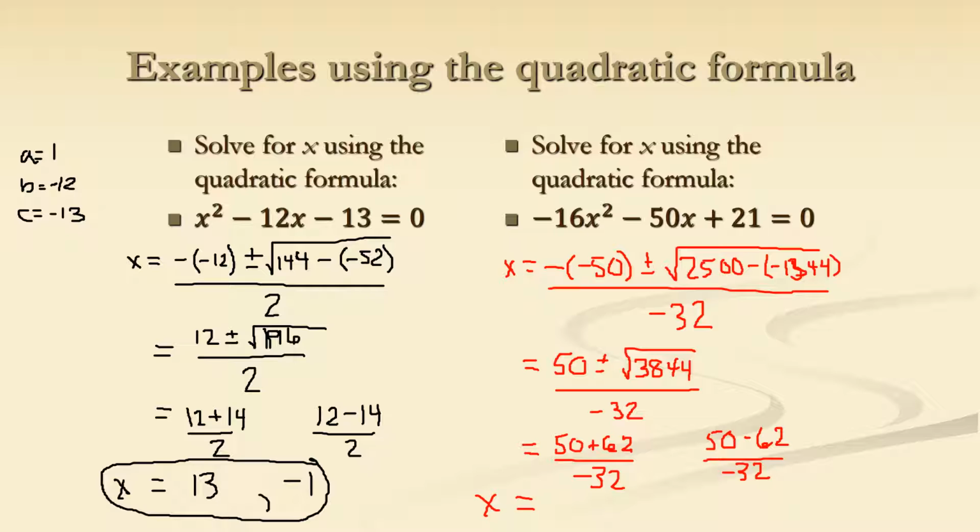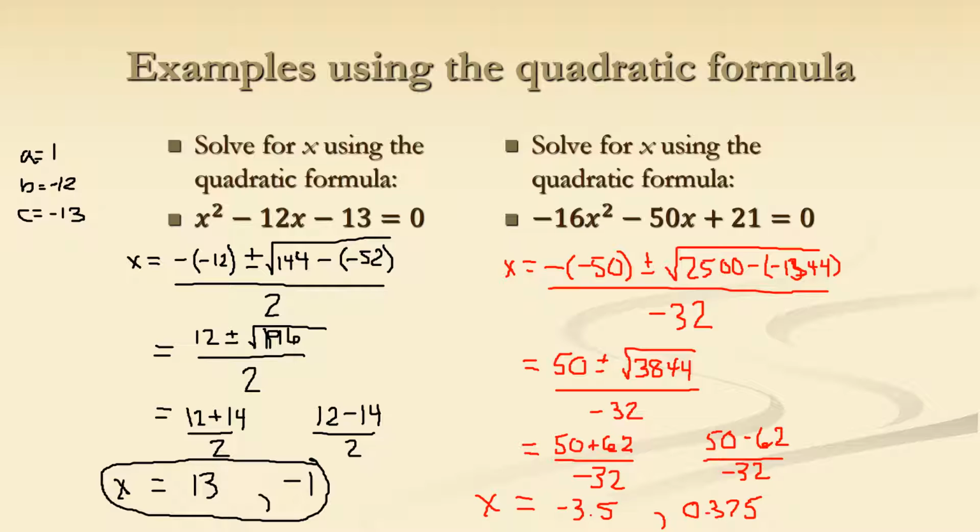When I simplify this, I get x equal to negative 3.5 and x equal to 0.375.